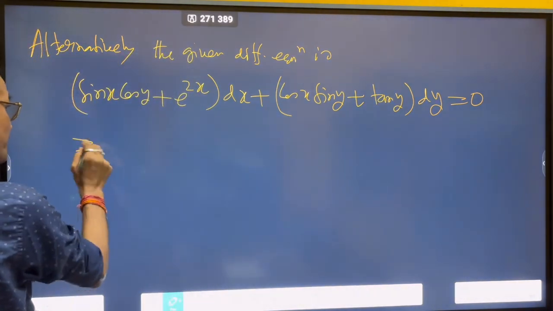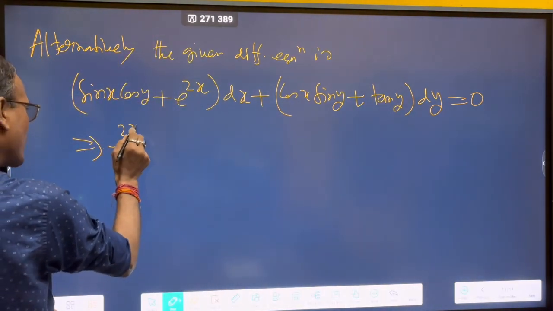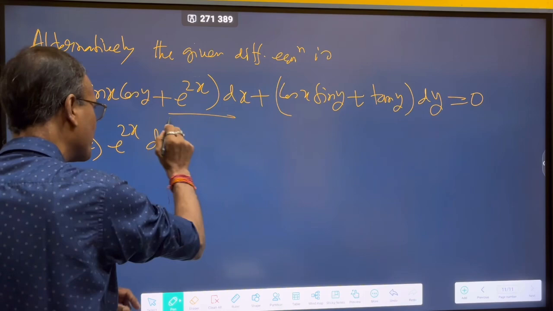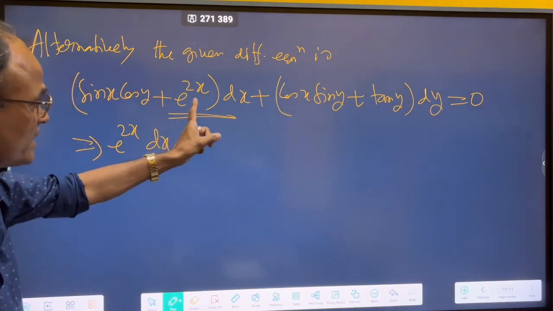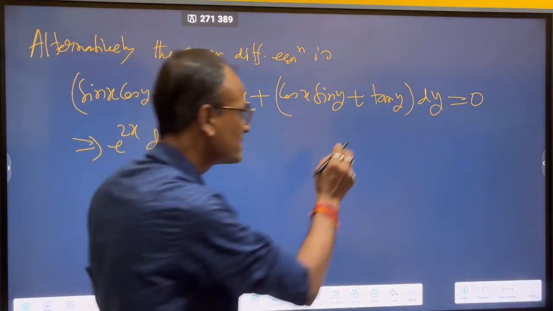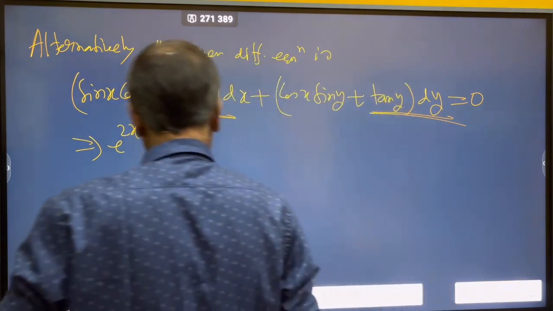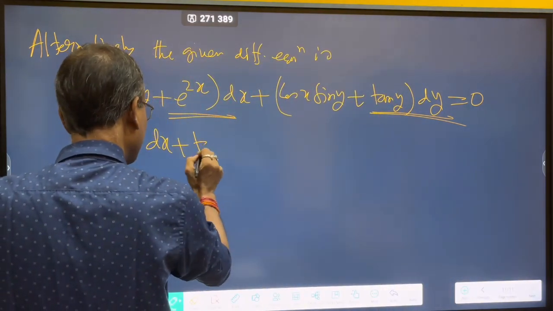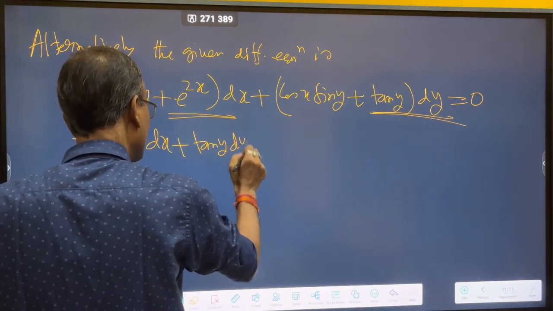For the terms e to the power 2x dx and tan y dy, there will be no problem.